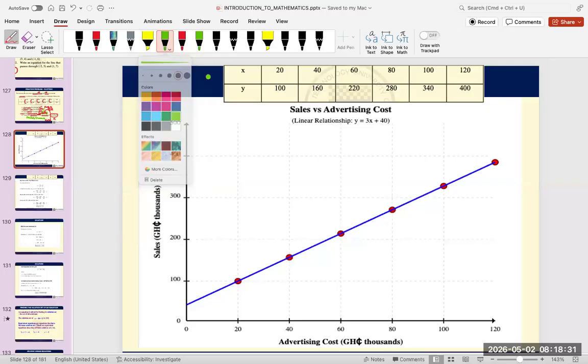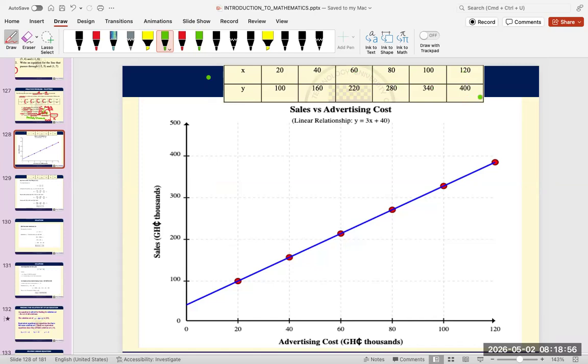The second one is 40, 160. The third one is 60, 220. The fourth one is 80, 280. The fifth one is 100, 340. And then the last one is 120, 400.